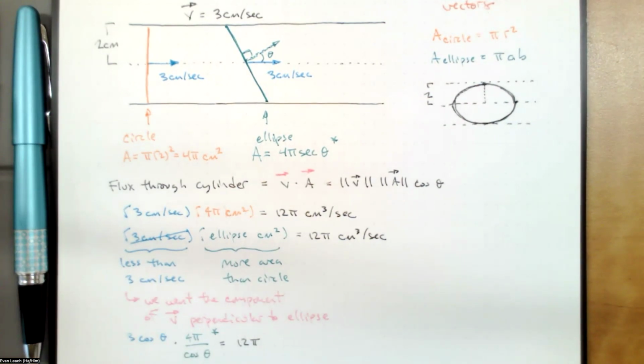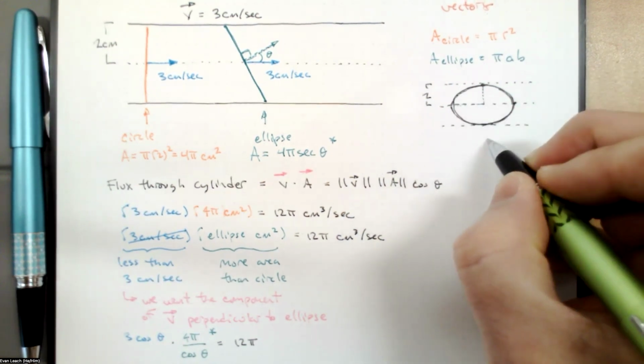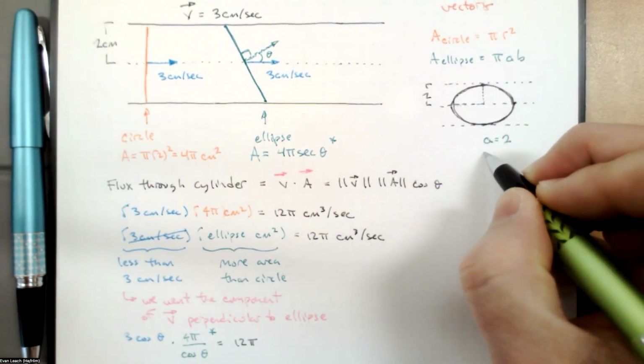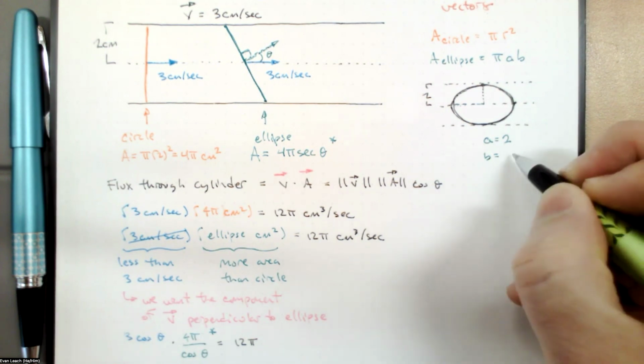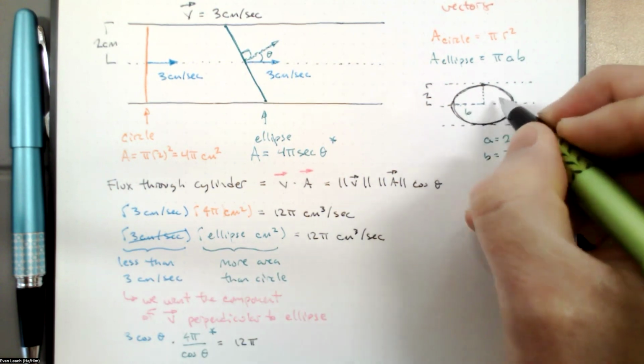So I could say A is equal to 2. Then I'll need to figure out what B is equal to.